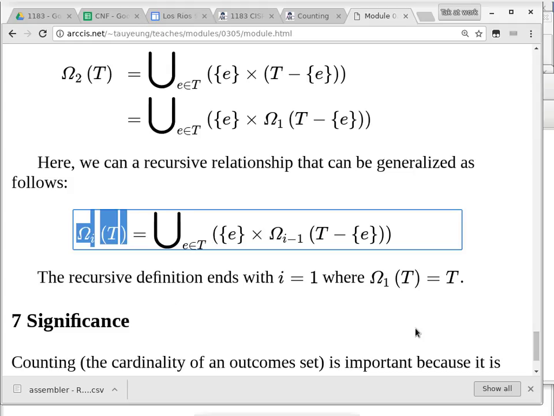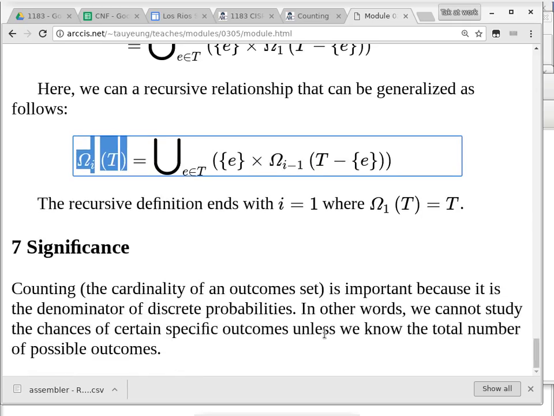So the significance, which is the very last part of this module here, is that counting is important because it is the denominator of discrete probabilities. In other words, I'll show you examples later on, but we need to figure out how many possible ways things can turn out, and then we say, okay, but we're not interested in every single possible way, we're interested in specific ones, like the odds of winning the jackpot in lotto.